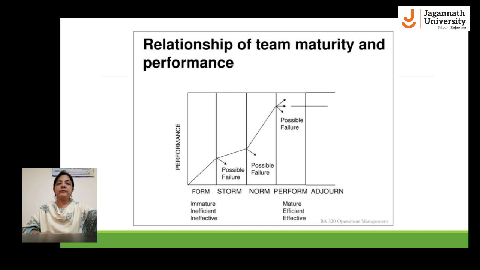But if the storming stage is dealt with maturity, and in the norming stage the conflicts are resolved and the group objective becomes the supreme objective of every individual, then definitely the graph in the performing stage would lead to the top.